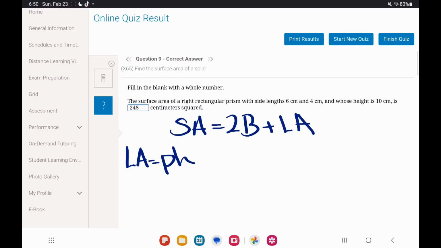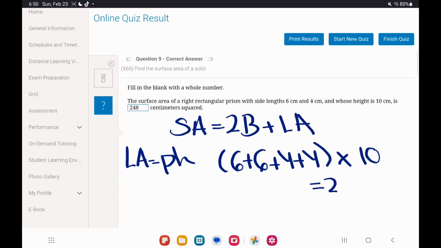So we know that a rectangle, it's like a parallelogram, two sides, and the opposite two sides are equal in length, okay? So 6 plus 6 plus 4 plus 4 times 10, you get 200. And then the base is technically like the area of the rectangle.